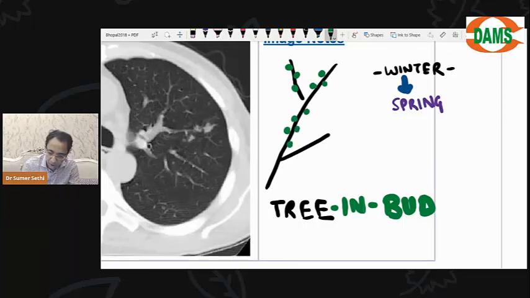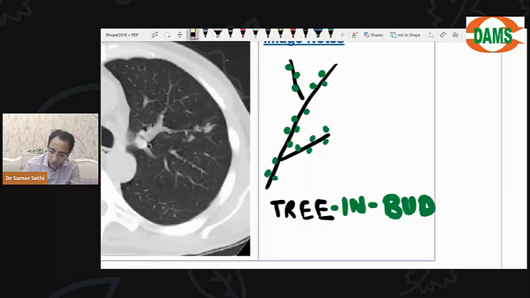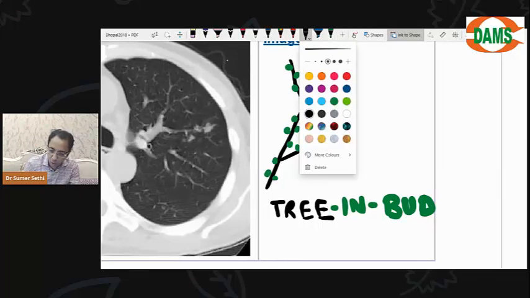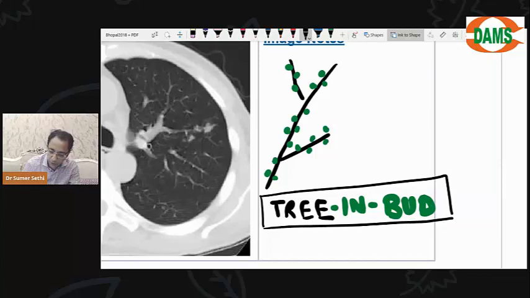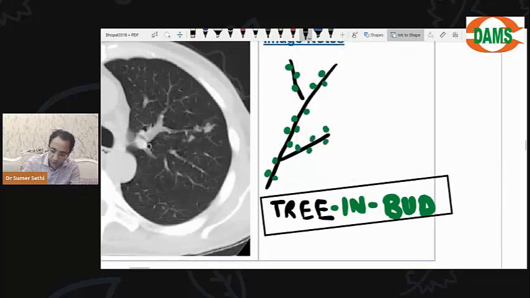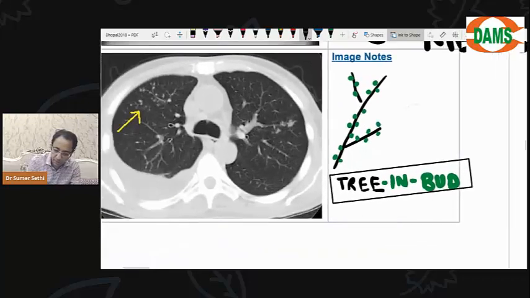This is called tree in bud. I can see all of you know the seasons very well. That is good. So in the spring season, the trees start to bud and the hope comes back after a cold, gloomy, dark winter. That is why a lot of English poetry is done in spring season, because that change in season is what inspires the poets.